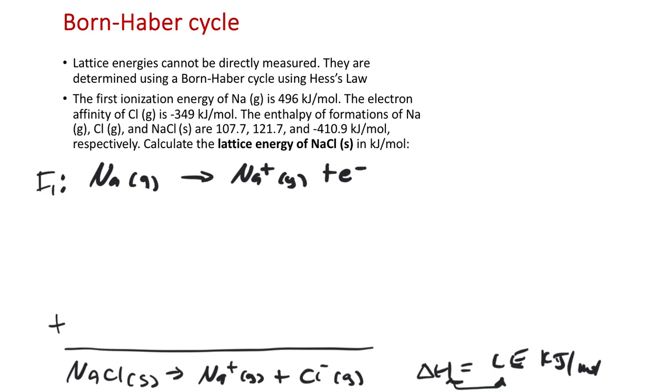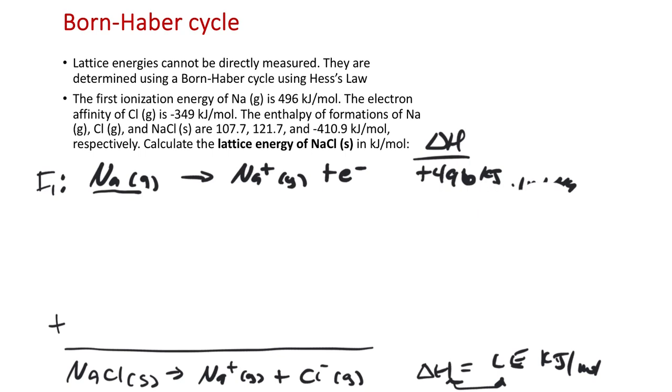And so for this reaction here, let me write delta H up here. The delta H of this reaction is just related to the ionization energy of sodium gas. So the delta H of this reaction would just be plus 496 kJ. It was kJ per mole, but I have 1 mole of sodium. If I want to write that out, the mole of sodium is just canceling.